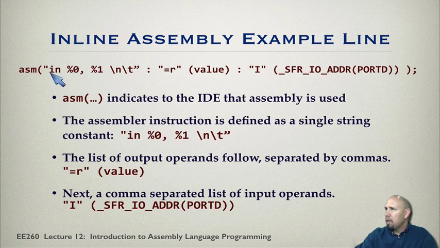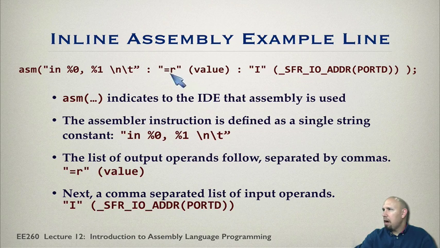Then you have this assembly instruction. We've seen these kinds of instructions already. Notice that along with this instruction, which is in quotes, we need to have these escape characters, \n, \t, kind of like when you format C code, to give you a carriage return line feed. Notice that this requires an input parameter and an output parameter.